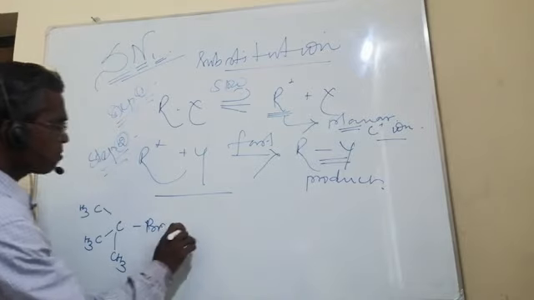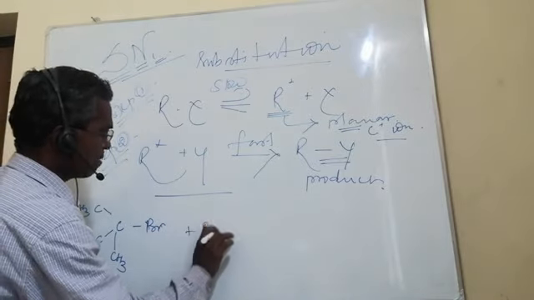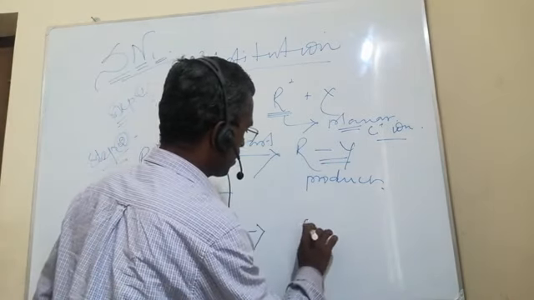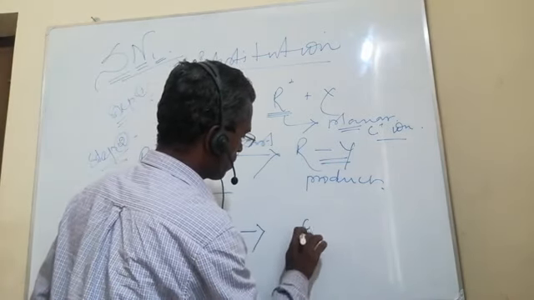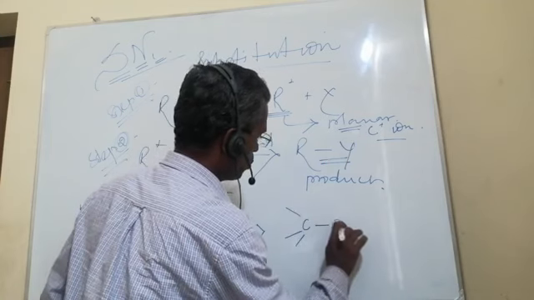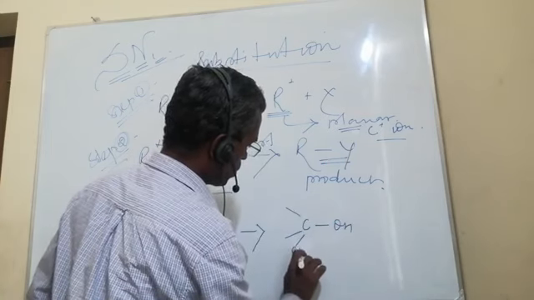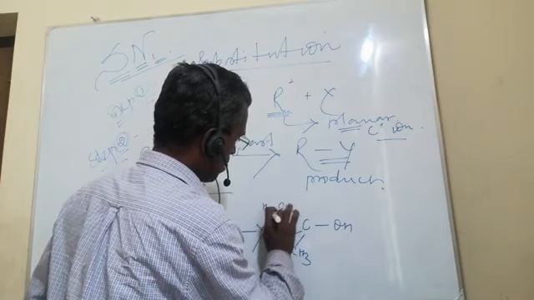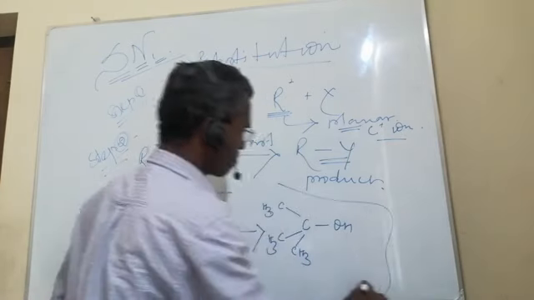When this is attacked by OH minus, you will get tertiary butyl OH, the final product.